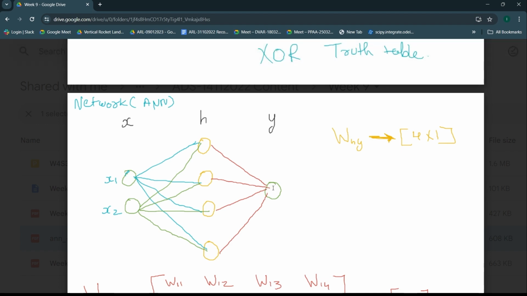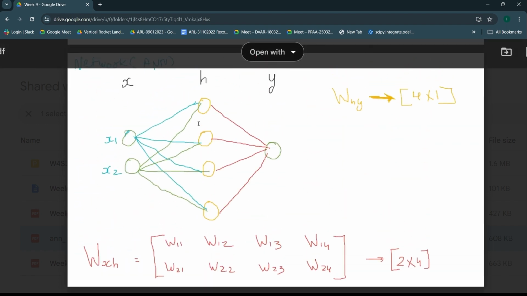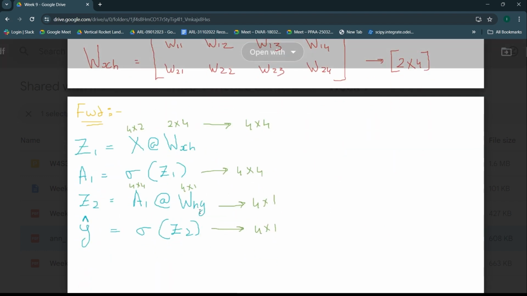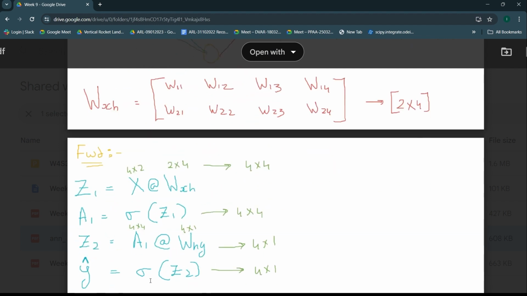And over here also, first you will get the unactivated output called Z2, which is the multiplication of the activated values from your first layer with the WHY weight matrix. Again, I'm not having the bias. That's your unactivated output Z2. And then to activate it, again, I'm using the sigmoid.